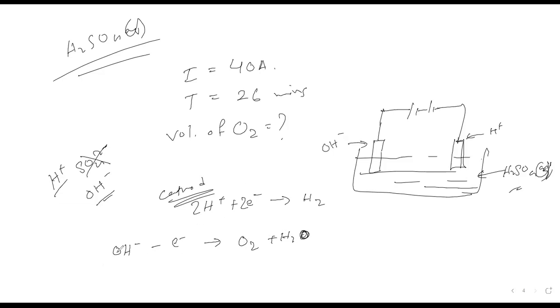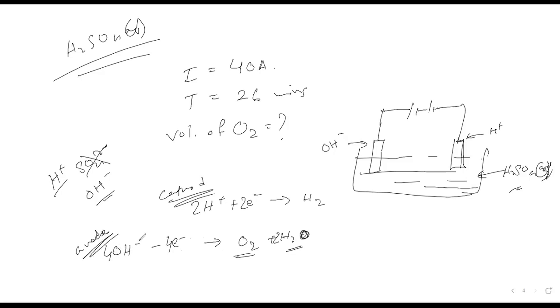If that also doesn't work, let's give 4 to the right. So 4 oxygen and 4 hydrogen. Let's see if it balances. If you place 2 here, that becomes 4 hydrogen and in total 4 oxygen. That means that works. So we need to remove 4 electrons from the left hand side as well. Now this is the anode equation, and that's the cathode equation.